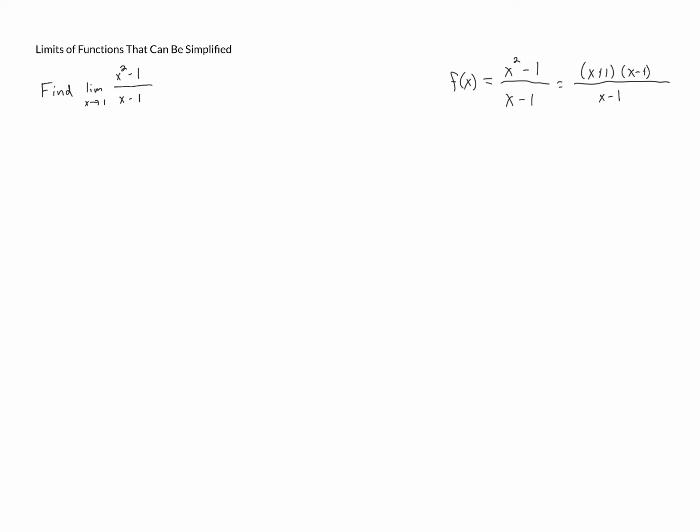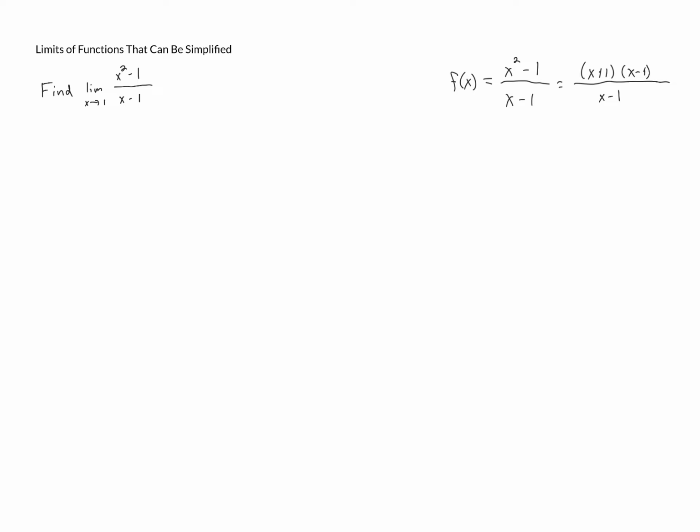When we're canceling a common factor in the numerator and denominator, that's really a shortcut for dividing the numerator and denominator by those factors. That's actually what's going on behind the scenes. So if we wanted to cancel those out, what we would be doing is dividing the top and bottom by x minus 1. And we need to ask ourselves if we're allowed to do that.